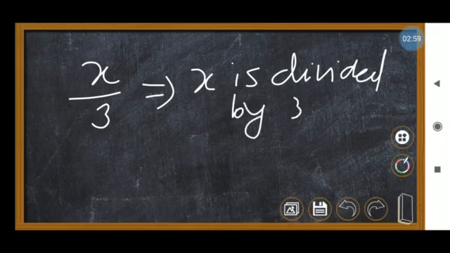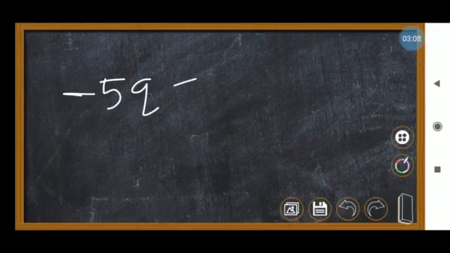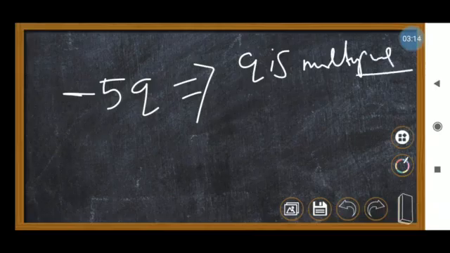The next one, for example, minus 5q: it means q is multiplied by minus 5, or minus 5 is multiplied by q, whichever way we write. So this is called an expression, and this is how it can be formed.